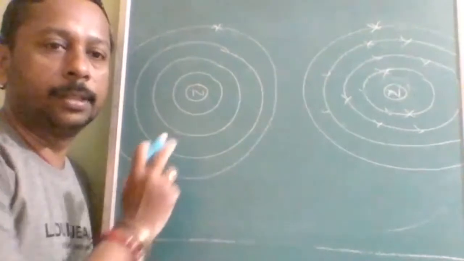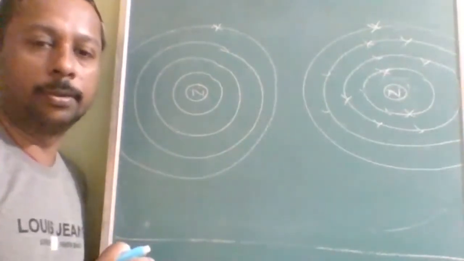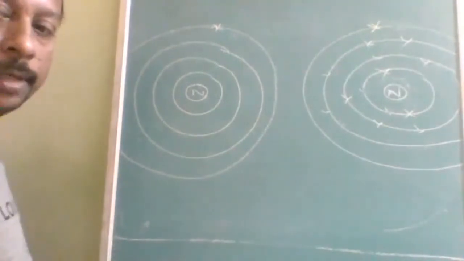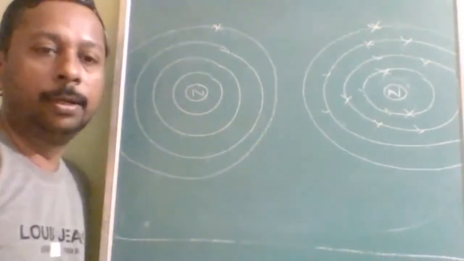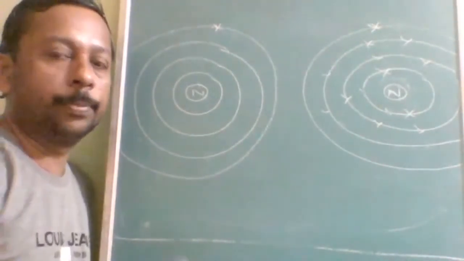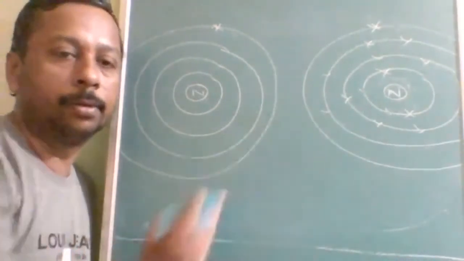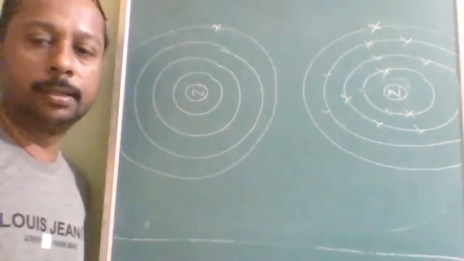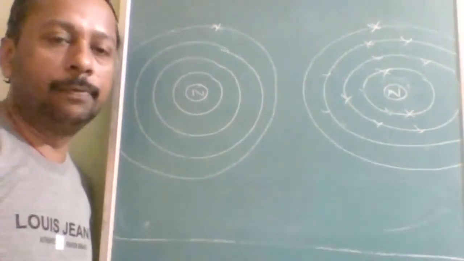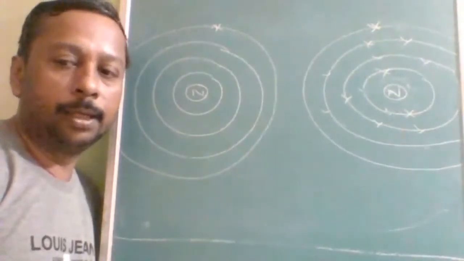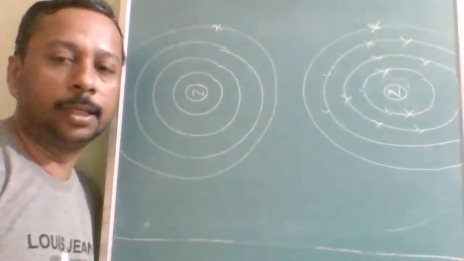Okay, so if we wanted to remove an electron, it is difficult to remove this electron or this electron. The question is, which electron is difficult to remove? What is the answer?